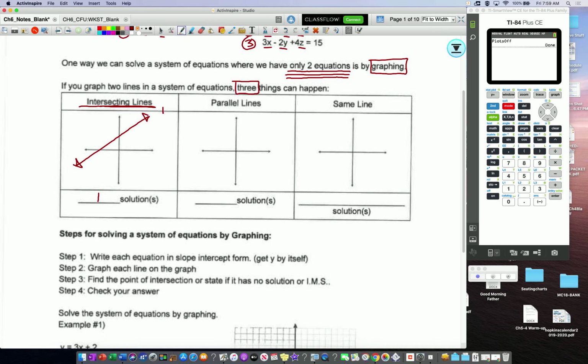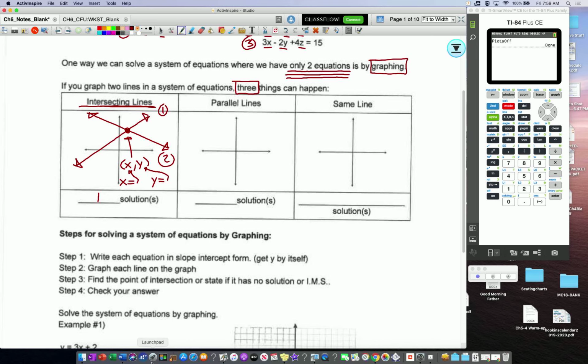This might be equation 1, and you might have another line right here. This might be equation 2. The point in which they intersect here, this coordinate x, y, is our solution. So x will equal the x coordinate, and y will simply equal the y coordinate. So we just got to find where they actually intersect.